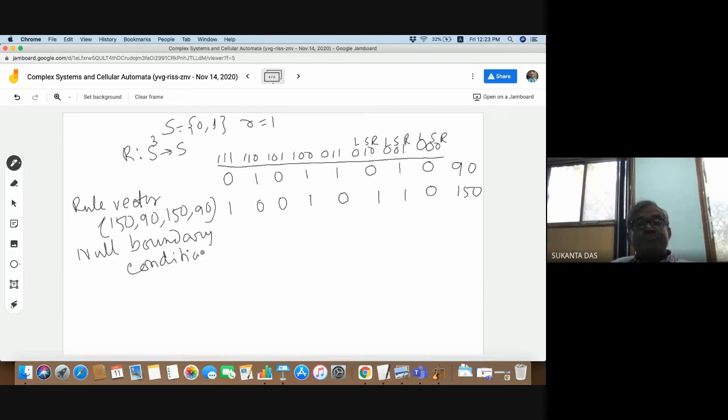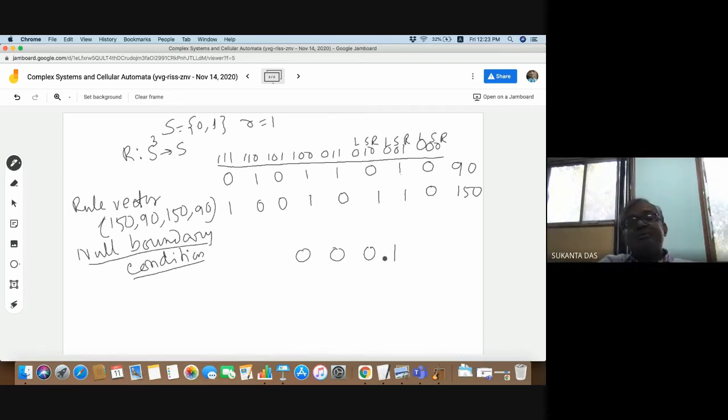I shall tell you how the steps are being executed. Consider my initial configuration is 0 0 0 1. Four cells.